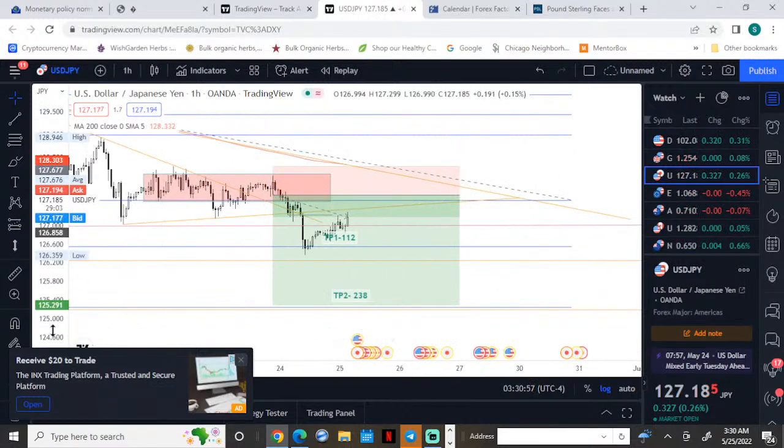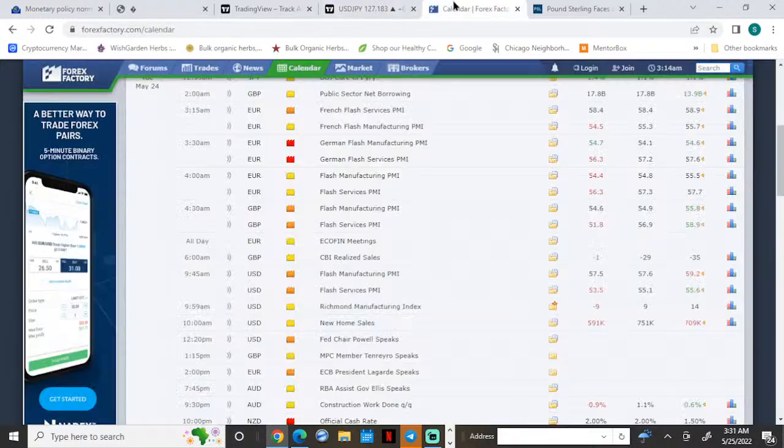So yesterday, news happened at 9:45, we got this PMI news for USD pairs, which is so crazy because, like I said, on the GBP pair, the PMI came out, price moved 110, 112 pips in an hour. And so I was like, okay, I noticed that we had the same news for the dollar at 9:45.